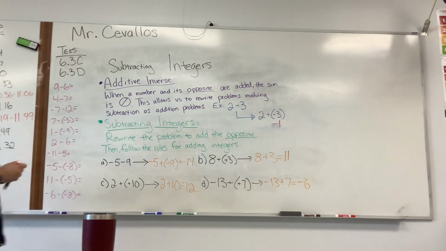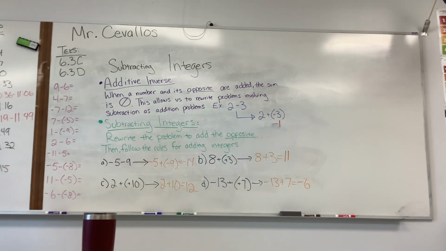Now that's going to bring us to some of these examples here. The good thing is we have a lot of different options. We can rewrite 9 minus 6 as 9 plus negative 6, but we don't have to do that.